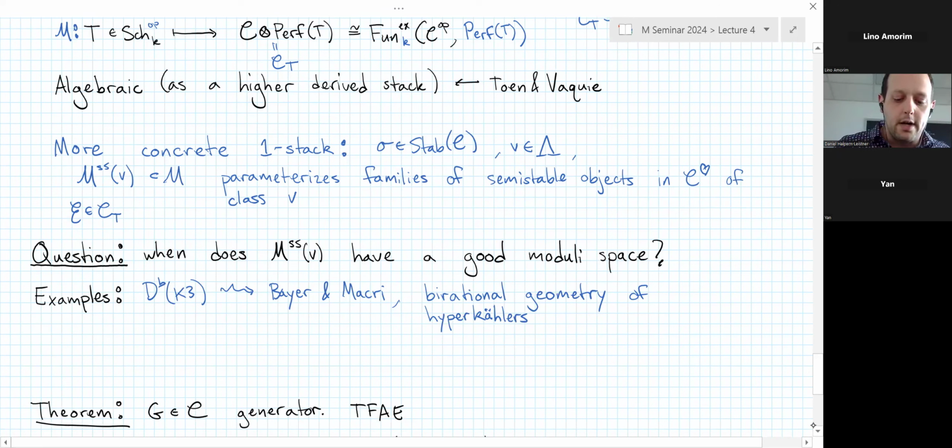The extension that I do know about is that there are other categories which look like D^b of K3. You have these Kuznetsov components.